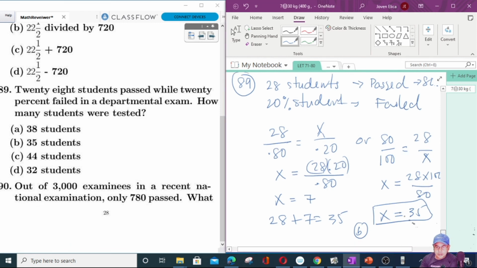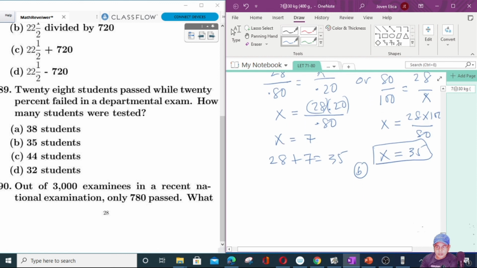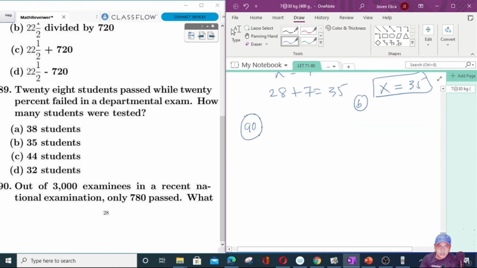Okay, 90. Question number 90. Out of 3,000 examinees in a recent national examination, only 780 pass.